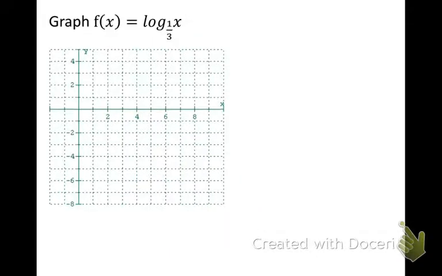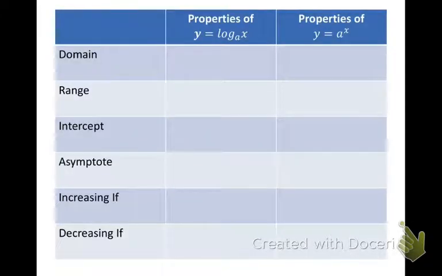And we are going to compare and make a nice, concise table of the properties of logarithms versus exponential functions. So, with my logarithms, I find that when I have a generic logarithmic graph, my domain is going to be 0 to infinity. And that my range is going to be -infinity to infinity.